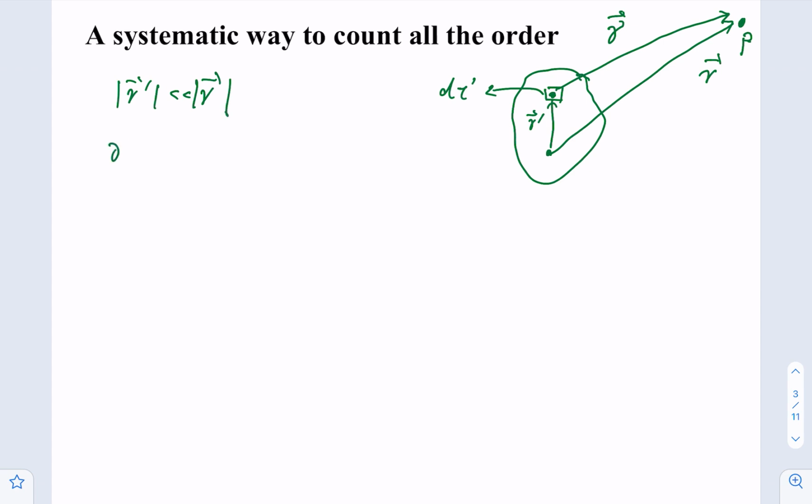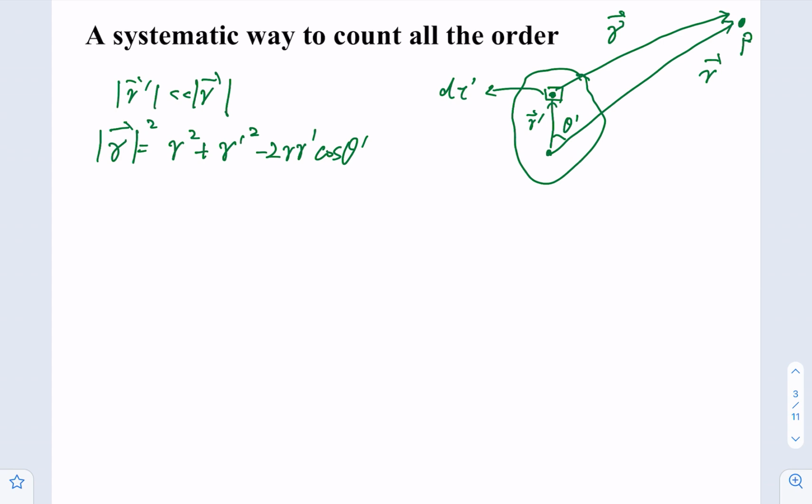Then for this separation vector, if we write the square of the separation vector, that is simply r squared plus r prime squared minus 2 r r prime cosine theta prime. The angle theta prime is the angle between this r and r prime, and this is the law of cosines.